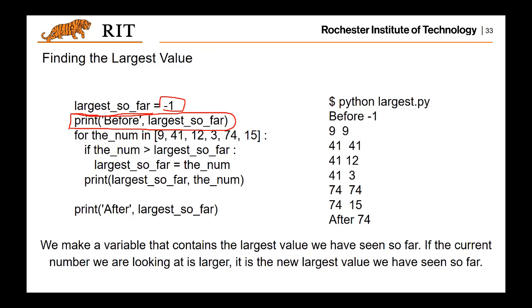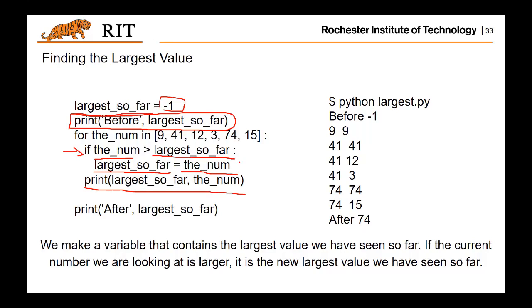Inside the loop, we check if the current element is greater than this largest so far or not. If that is the case, we just use largest so far to keep the current largest number and print out the largest so far and the number.